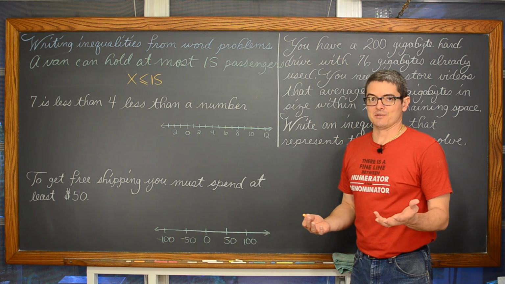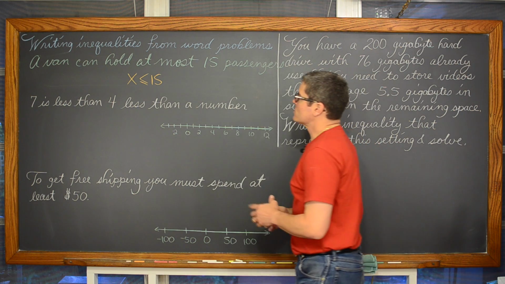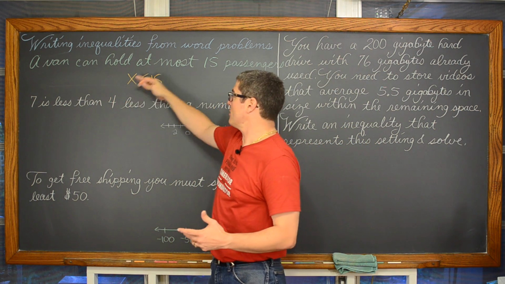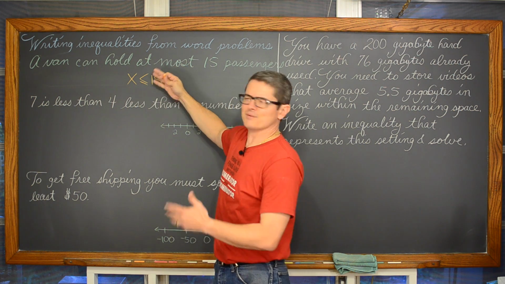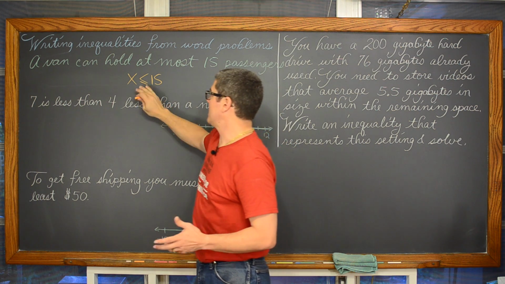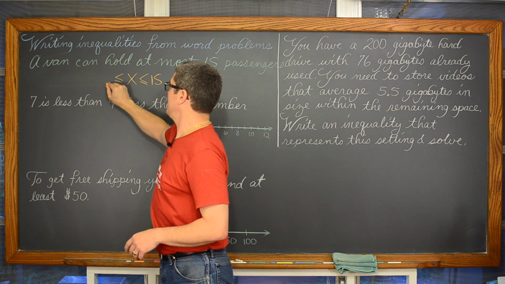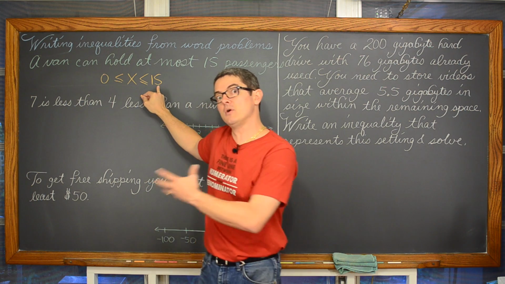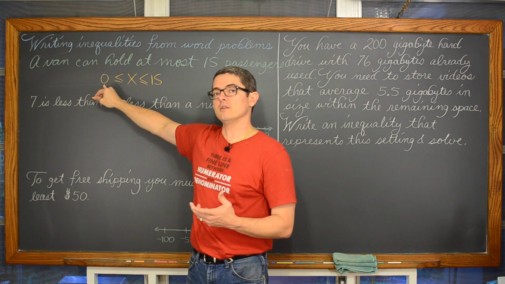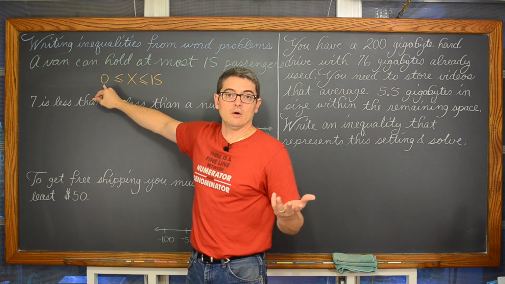Of course the answer to that is no. So while that was a good answer for the pure mathematical sentence, in this real world setting, that inequality wouldn't make any sense. So the van can have as many as 15 people, at most 15 people, and the least number of people on the van can be 0, empty.